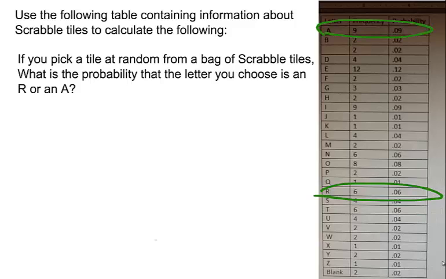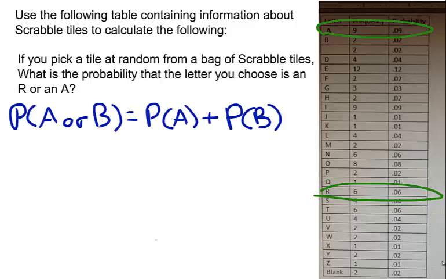In other words, we can pick an R or we can pick an A, but we can't pick a tile that's both R and A. Therefore, we'll use the formula for the probability of events A or B, which are disjoint events. The formula states, to find the probability of A or B, it's equal to the probability of A plus the probability of B.